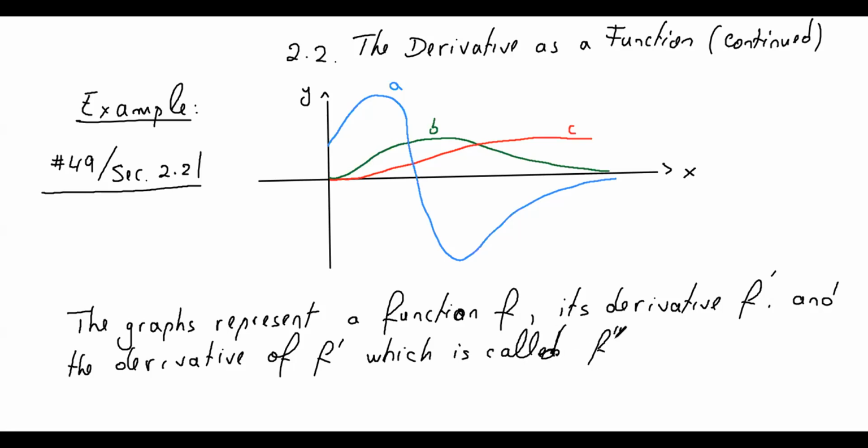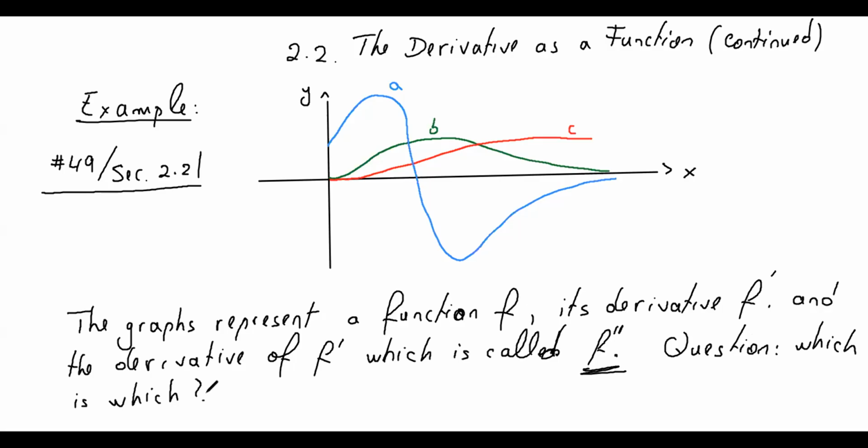So when you take the derivative of f prime, you put another prime. That's kind of natural, so it's not unusual. All right, I just said right now, the derivative of f prime. Okay, so the question is, which is which?